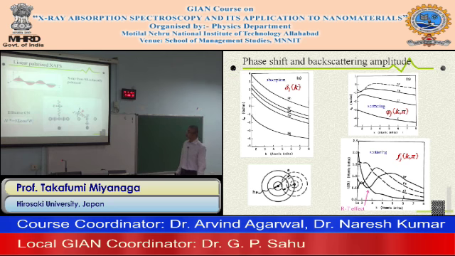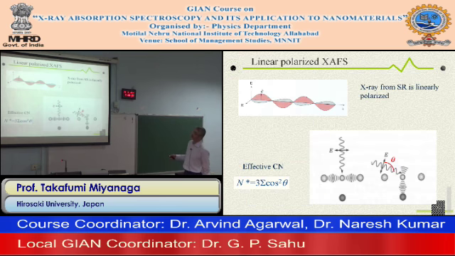Now, X-rays from synchrotron radiation are linearly polarized. This is a very simple photoelectric wave picture. Using these linearly polarized X-rays, the structure information can be separated by direction.